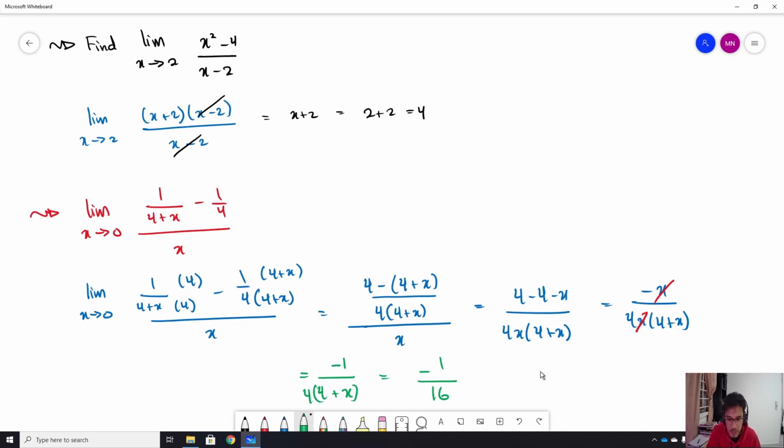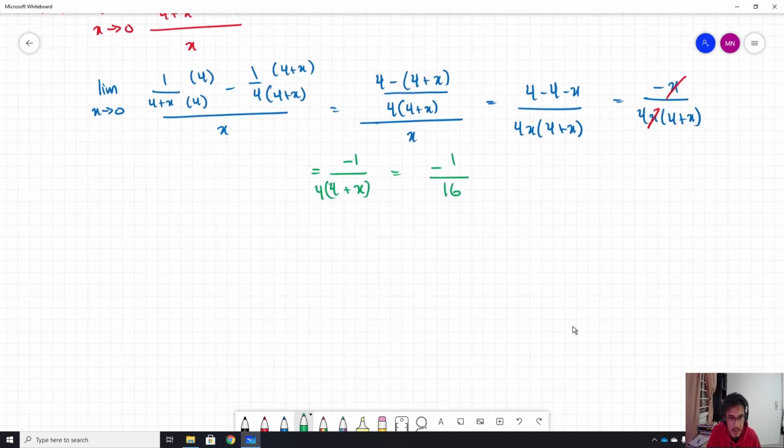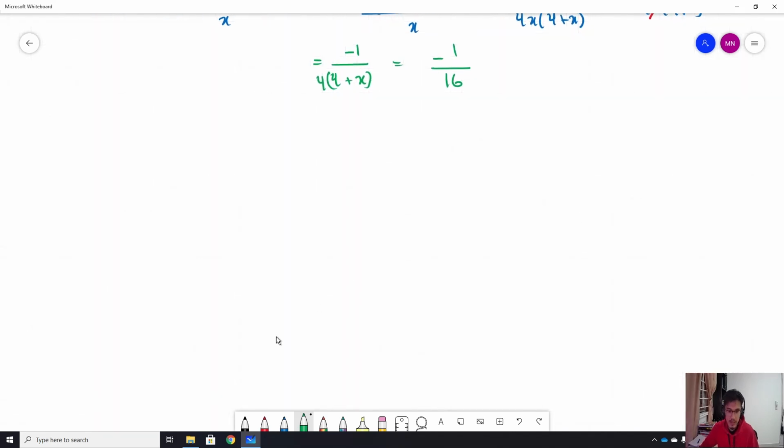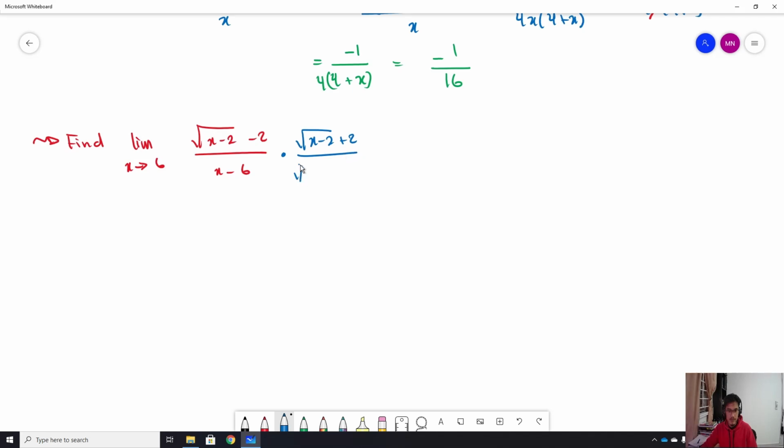Oh, ada lagi satu contoh. Tak pasal pula. Contoh mengenai conjugate. Find limit x approaching 6 of square root x minus 2 over x minus 6. So we need to do conjugate for this. So it will multiply with square root x minus 2 plus 2 over square root x minus 2 plus 2.